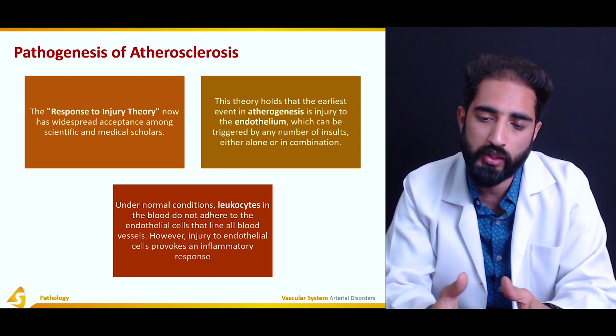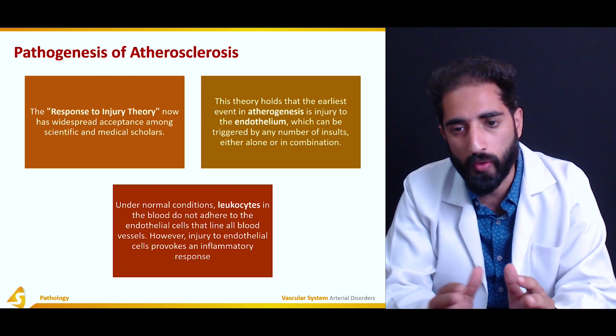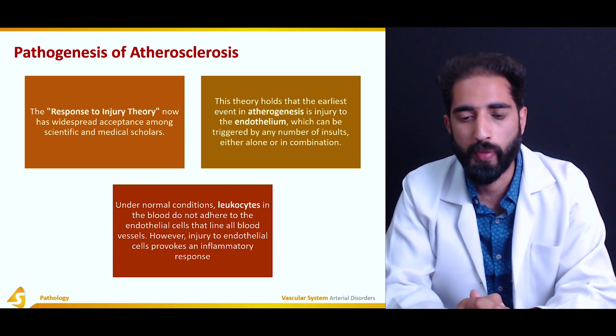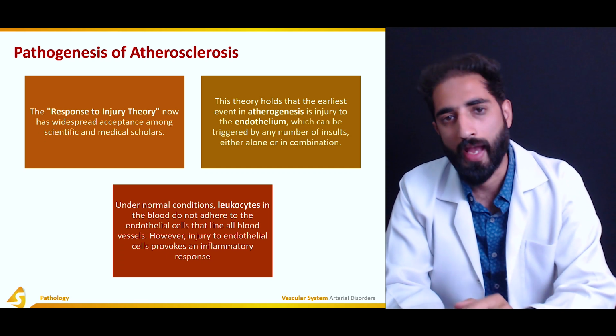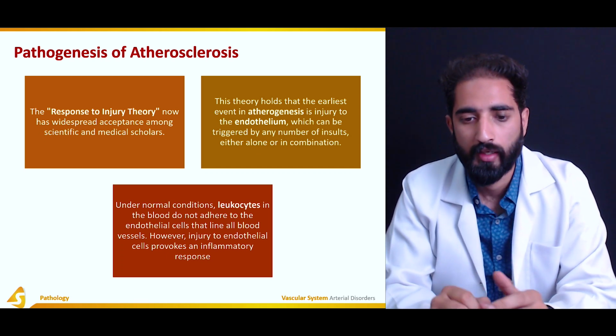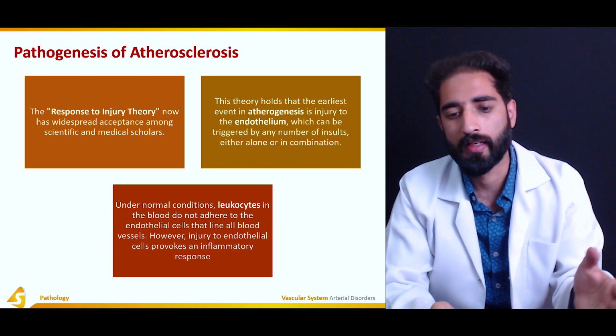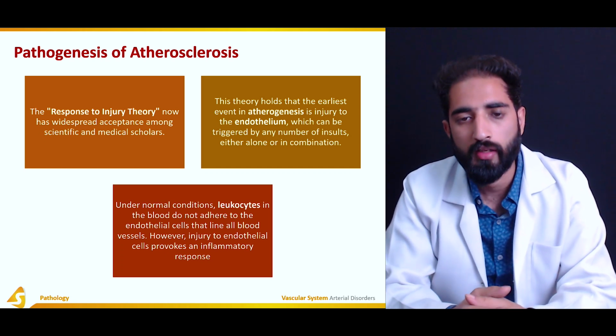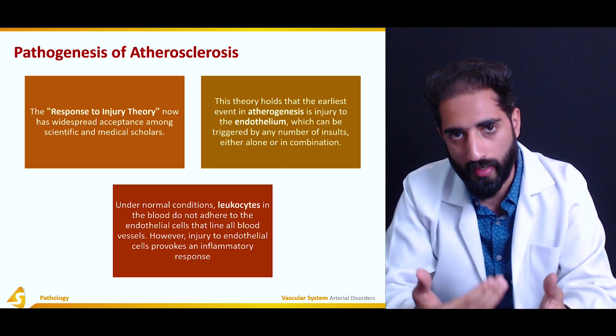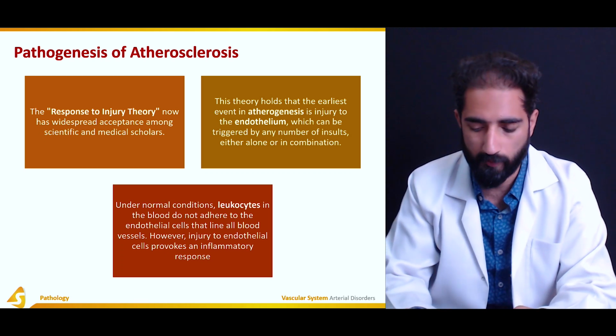Under normal conditions, leukocytes do not bind with the endothelial layer, but in case of an injury to the endothelial layer, the leukocytes adhere to the endothelial layer and result in an inflammatory response.